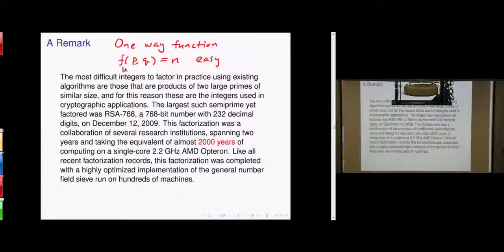Now, if you want to go from N to get p and q, the pair, this is extremely difficult. That's why it's called a one-way function. It's easy to go one way, and the other way is not easy. Now, whether this is true or not depends on the face. It could be that some clever people like you could show that actually there is a way. So far, there's no theoretical proof.